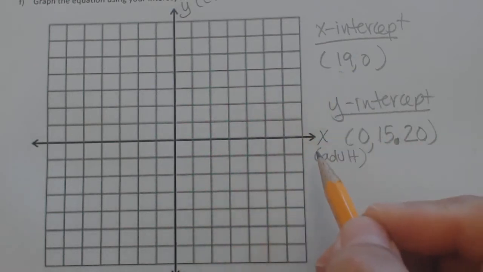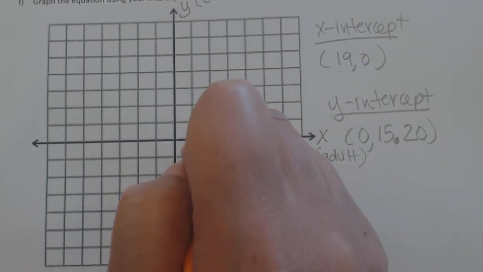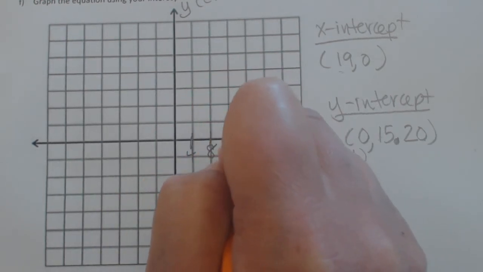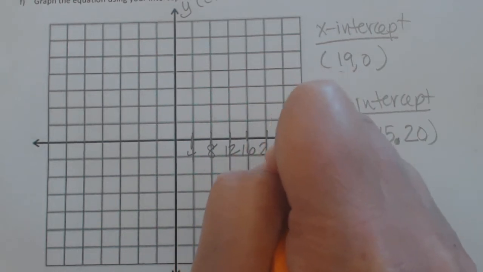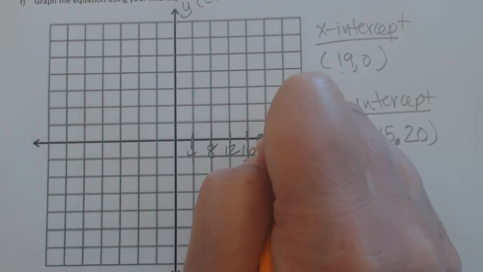I do have to go to 19 though. So maybe 4s. Let's do that. 4, 8, 12, 16, 20. So my y-intercept will be here, right next to 20.